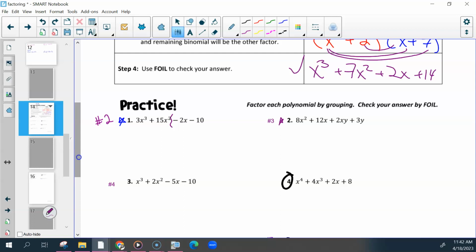What do those first 2 have in common? Three. And what else? Someone said x, but how many x's? 2.